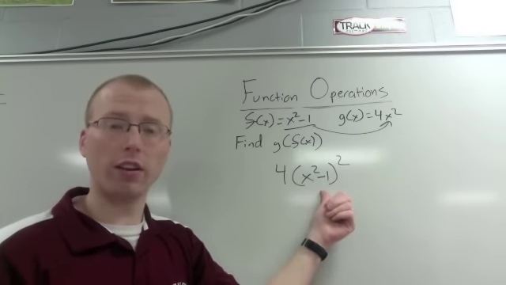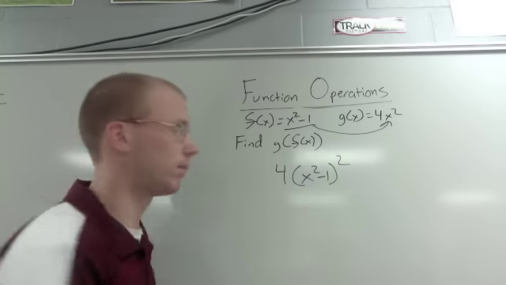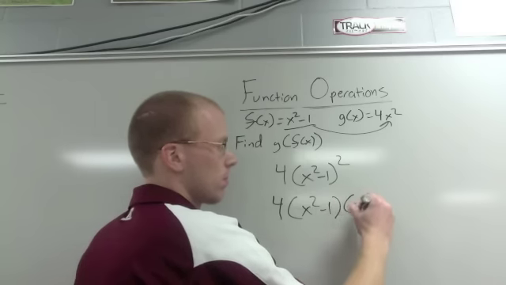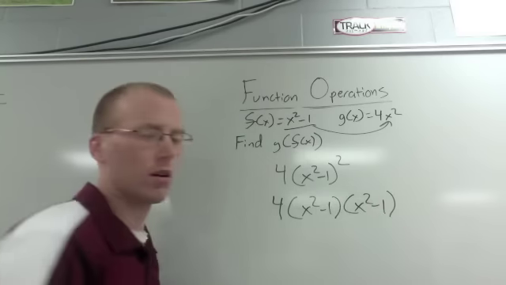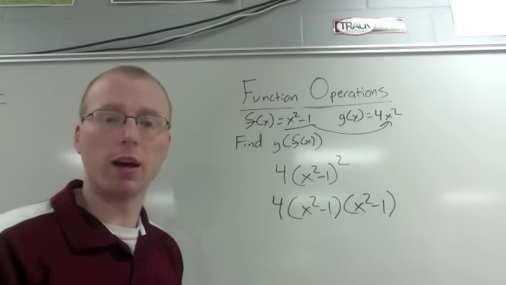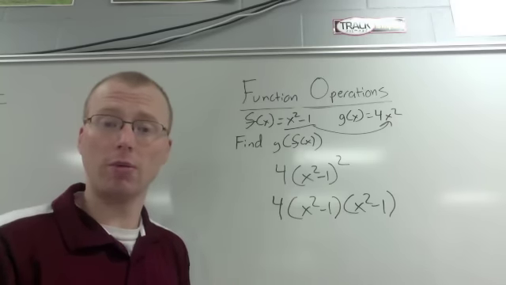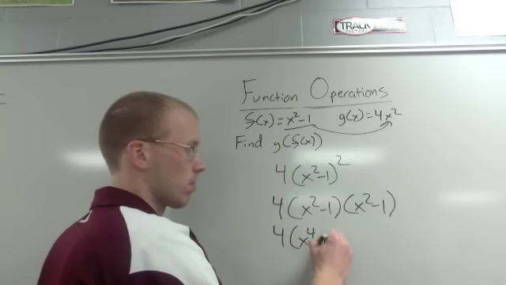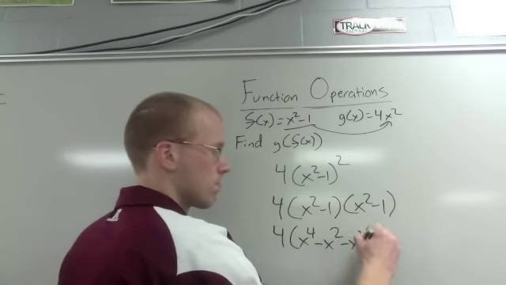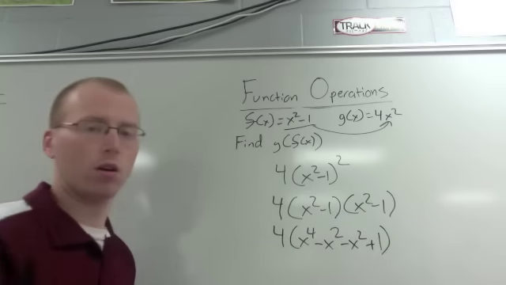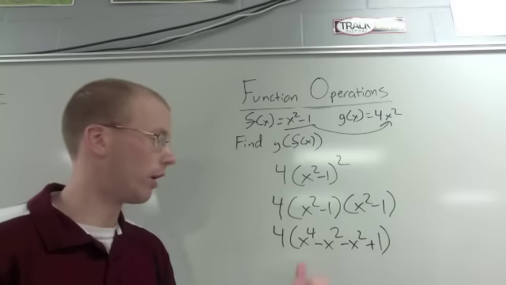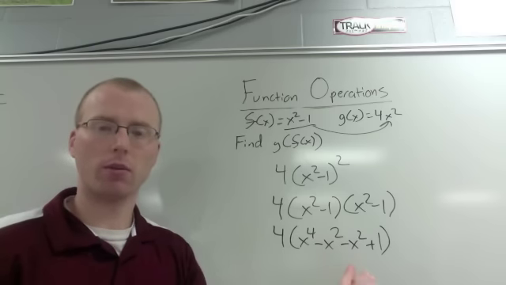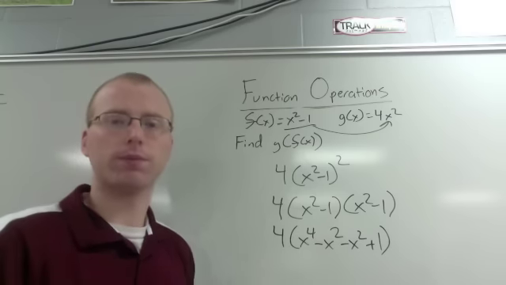Since I am squaring this, we're going to FOIL. X squared minus 1 squared is the same thing as saying x squared minus 1 times x squared minus 1. When you FOIL, you get 4 times x to the 4th minus x squared minus x squared plus 1.